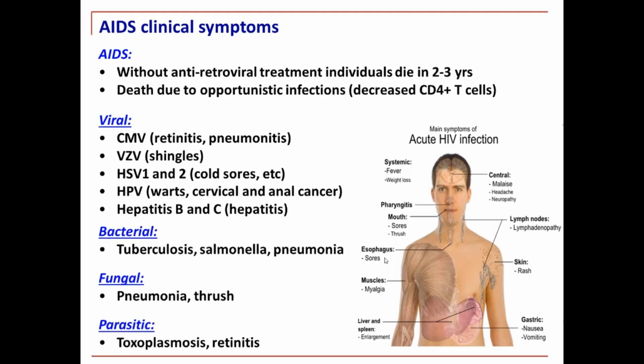You've got your bacterial infections such as tuberculosis, salmonella, pneumonia, fungal infections like thrush, and parasitic toxoplasmosis and retinitis. So there are lots of potential microorganisms that can infect you and lead to opportunistic infections, in other words, leading to death.